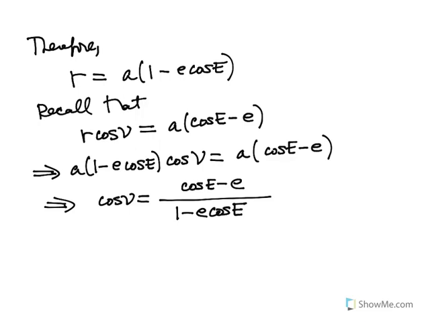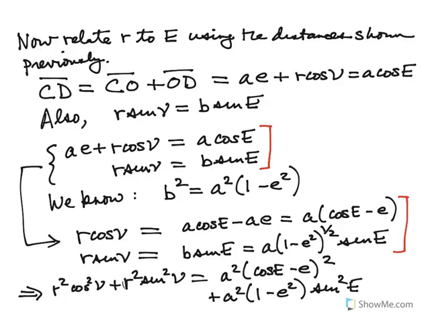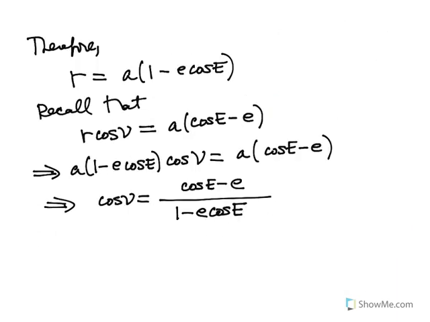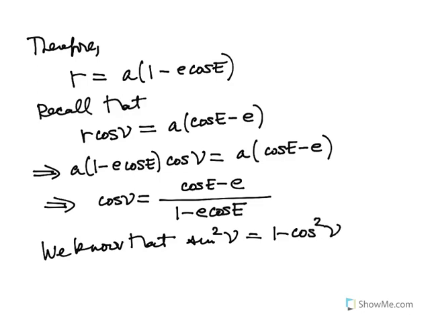But we notice in the earlier expression, again going back to what I marked here in red, that we also have an expression here that involves the sine of nu. So it's also useful and important to be able to get an expression for the sine of nu. But we know that the sine squared of nu is equal to 1 minus the cosine squared of nu.